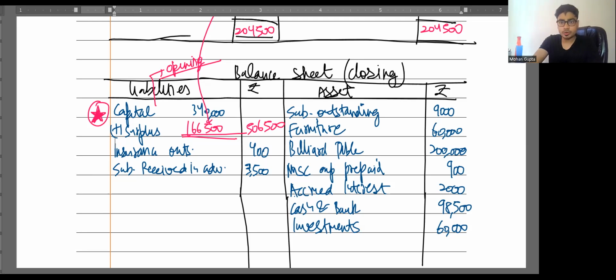Now, try to total the balance sheet. So this would be five lakh 10,400.